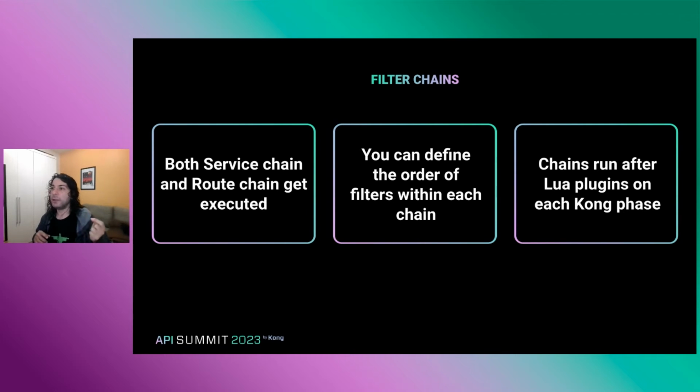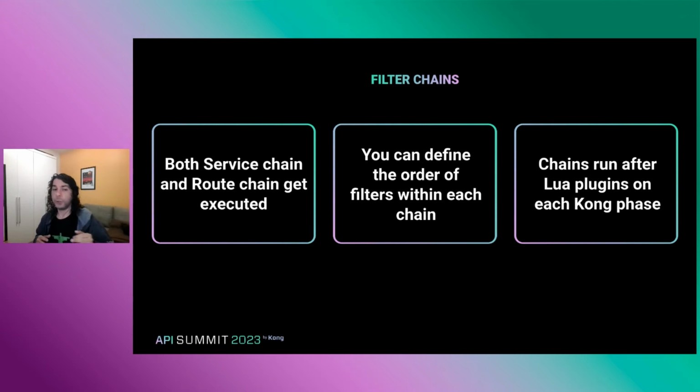So if you have a filter chain set to the service and a filter chain set to the route, both of them will get executed in that hierarchical order. First, the filters from the service chain will be executed, and then the filters from the route chain.